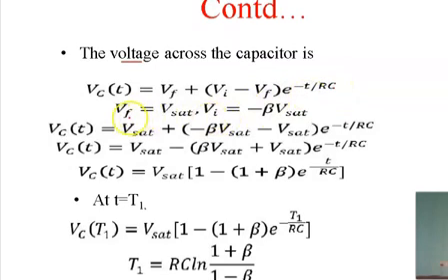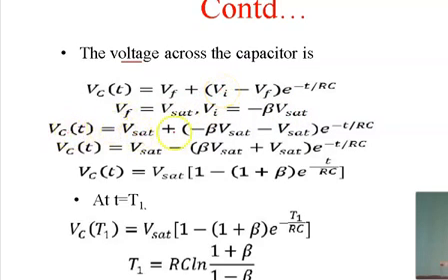Right? Now, initially we are assuming that the output voltage V0 is equal to V saturation. Already we saw that if the output voltage V0 is equal to V saturation, the voltage at the negative terminal of an op-amp is equal to minus beta V saturation. Now we have to substitute Vf and Vi in this equation.